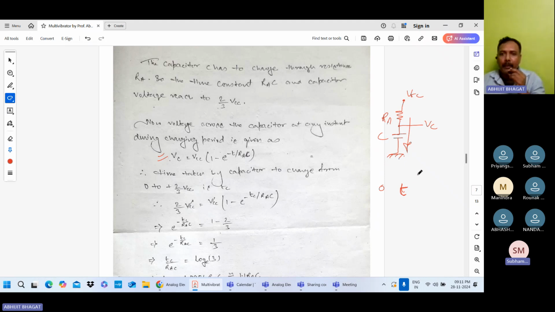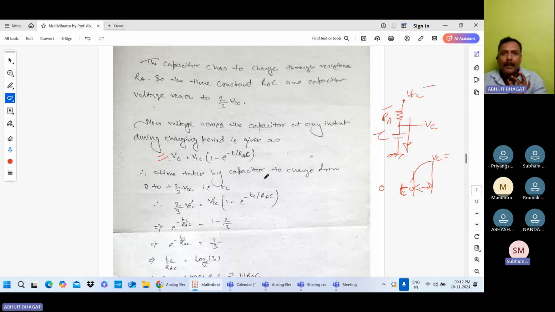So when the capacitor is charging from 0 to any voltage VC, if the time is t, how much time after the time t are you getting this voltage? This is 0 time and this is t time. Then by using this equation, you will get the VC value if these parameters are given. Here, VC equal to VCC into 1 minus e to the power minus t by RAC.